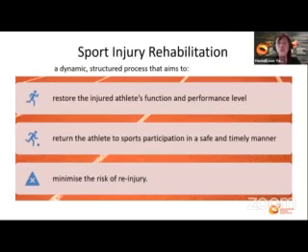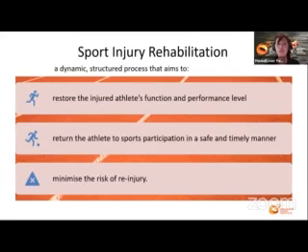It aims to, one, restore your athlete's function and performance level, at least back to the previous level. And if you do it correctly, and if you and your medical team identify some of the injury risks, you could in fact restore the injured athlete's function and performance level to better than before their injury.